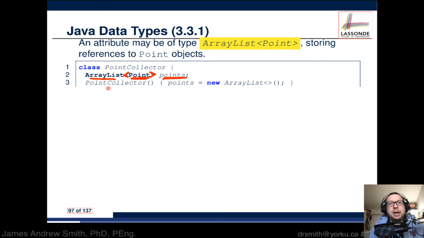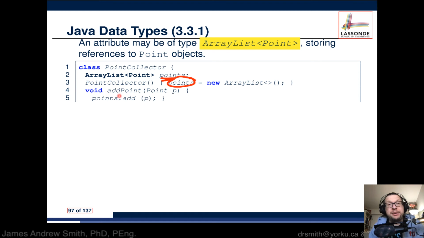This is an attribute inside of the class called PointCollector. Then we set up a constructor, and that constructor will set up a new ArrayList like this and assign it to points, which is the attribute right there.